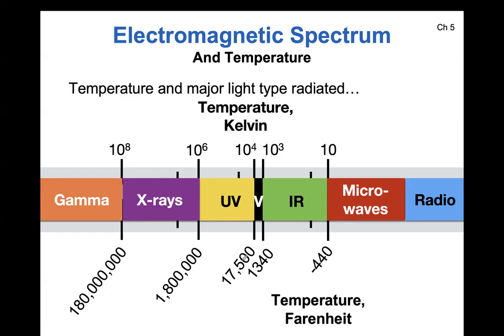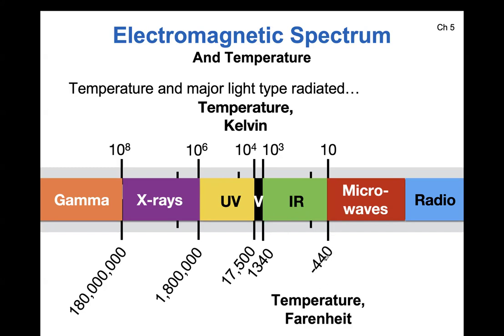So the very hottest stars, which are these relatively short-lived, very massive stars, actually have surface temperatures that are around 20,000 Kelvin. So that would be a star where its peak wavelength is UV. Obviously, visible spectrum would be things like our own star, and then we can continue in other temperature ranges with infrared being a range between 1,340 and negative 440.